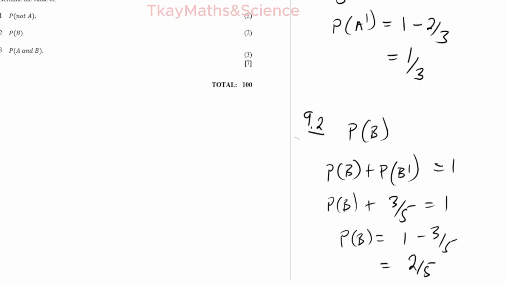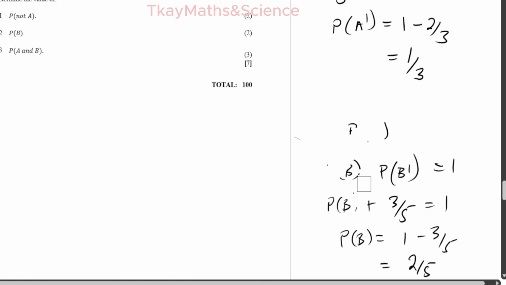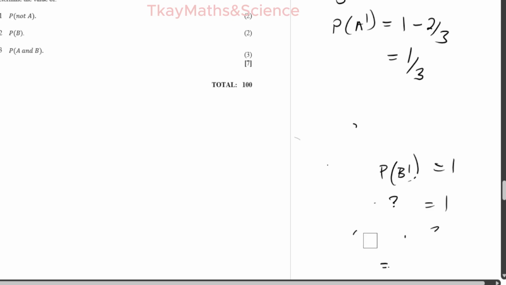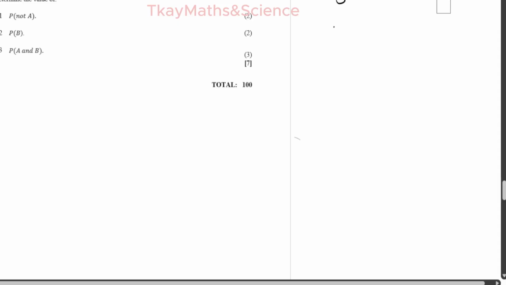Okay, so let's go on to the last one, which is 9.3, which is saying the probability of getting A and B. Okay, so the probability of getting A and B is the probability of A intersection B. So how do you find this one?